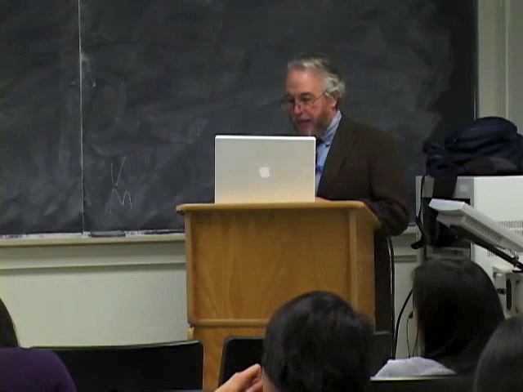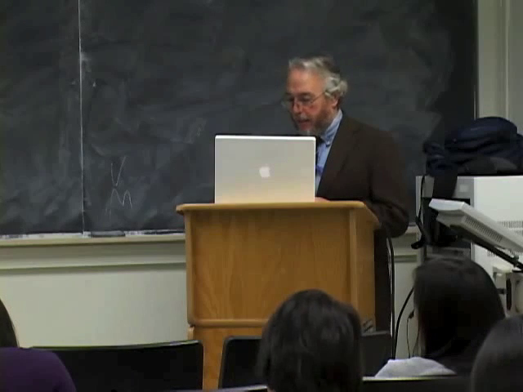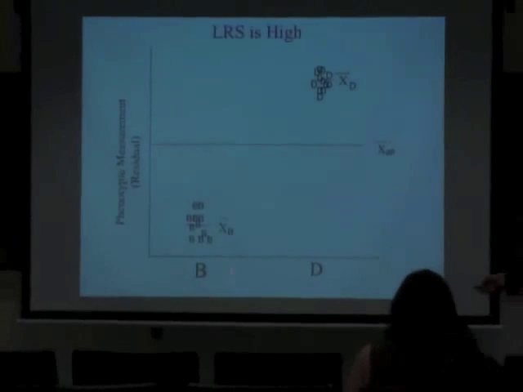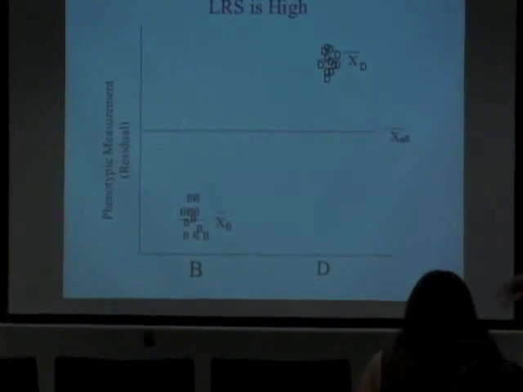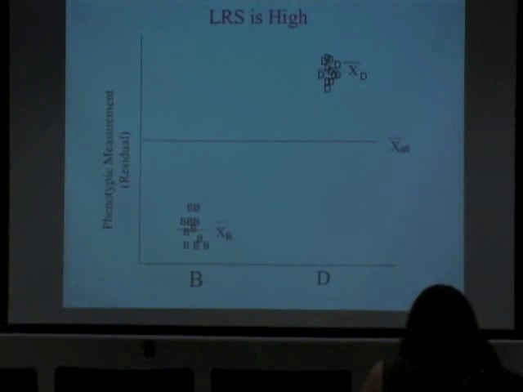Again, it uses the likelihood ratio statistic, and now let's talk a little bit about what the likelihood ratio statistic does again. What the likelihood ratio statistic does is, first of all, at a given locus or marker, it takes all of the animals that have the B form and puts them in one pile, and all that have the D form of the DNA puts them in the other pile, all right?